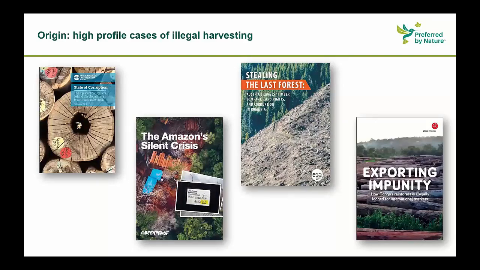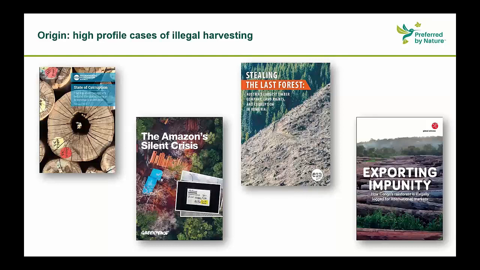When we're talking about origin, it's also important to keep an eye on high-profile cases, right? So countries of origin of harvest which are known to be places where illegal harvesting is prevalent and happening a lot.